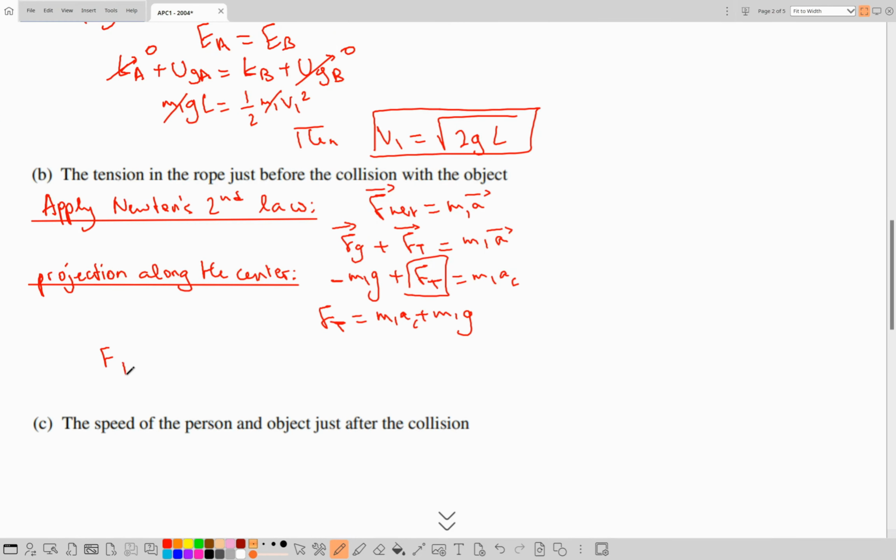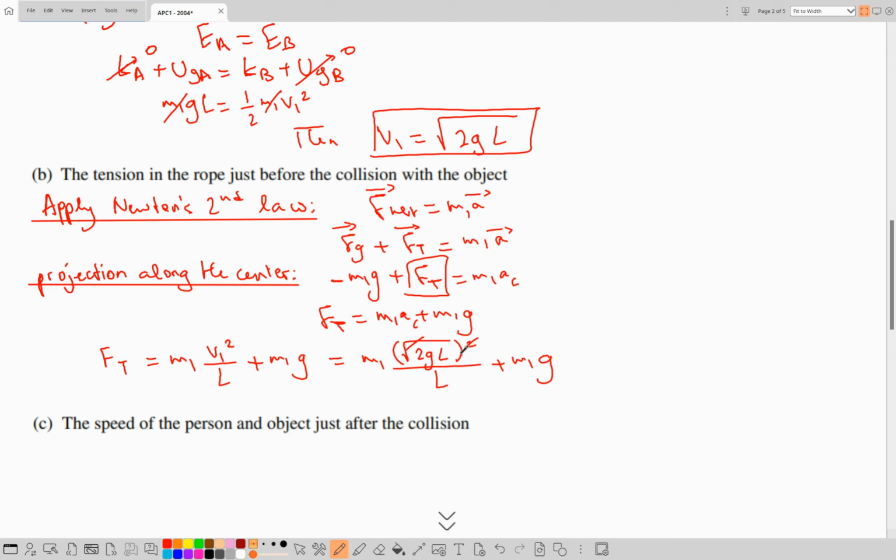Then the tension force in this case would be given by m1 multiplied by v1 squared divided by capital L plus m1g, and we know that v1 is given by radical 2gL, so m1 radical 2gL to the power 2 divided by capital L plus m1g.